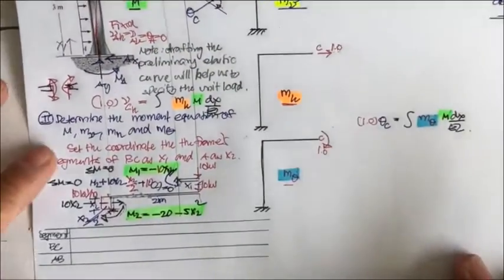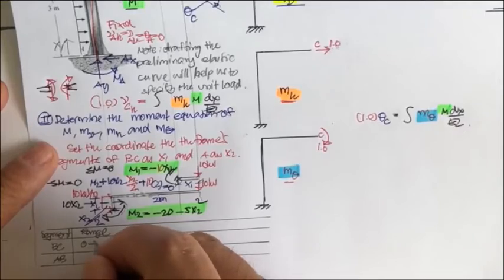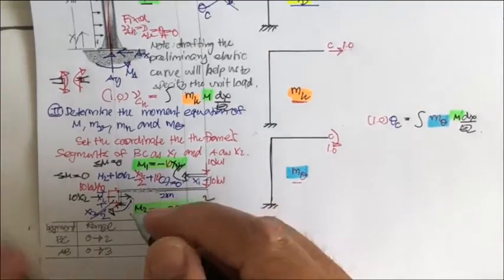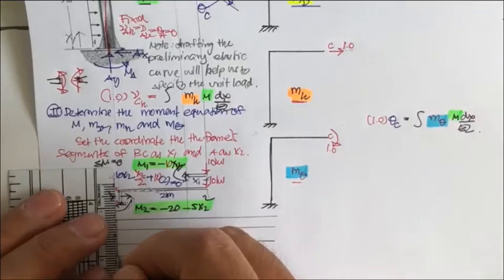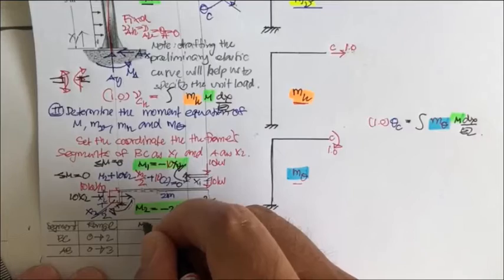And then the length of this. It's going to be 0 to 2 for x1 and 0 to 3 for x2. And then you have the equation for the moment.